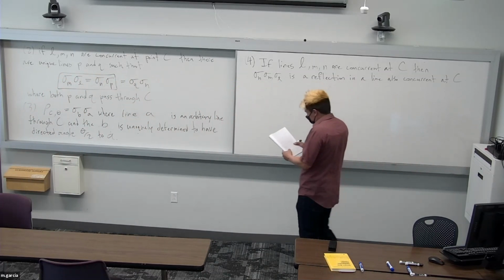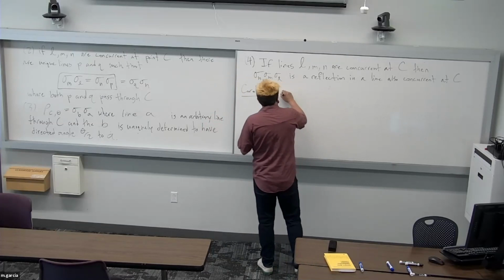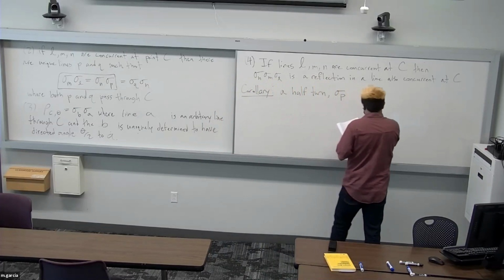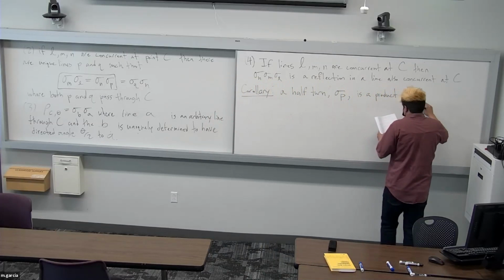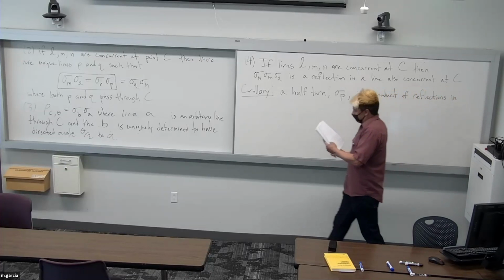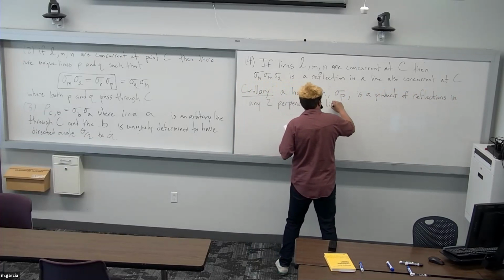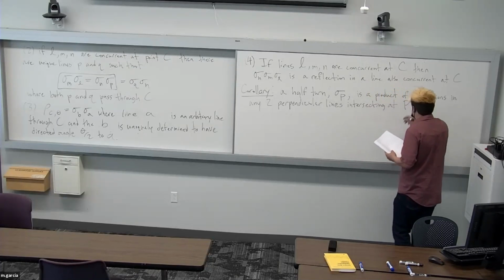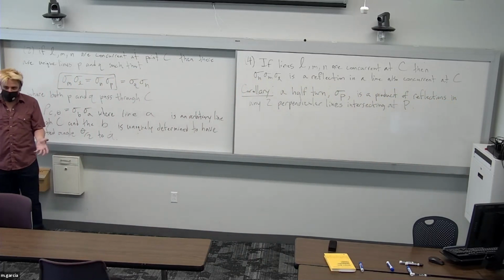So, here's a corollary. A half turn sigma p, capital P, is a product of reflections in any 2 perpendicular lines intersecting at point P. This is just making us recall that a half turn is a rotation by 180 degrees.